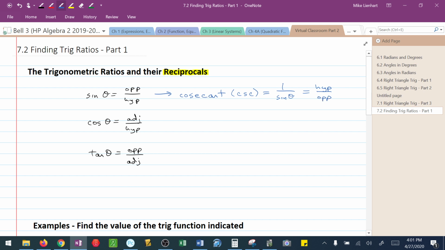Our second function is the cosine function. Its reciprocal function is known as the secant function, abbreviated SEC. The secant is the reciprocal of the cosine function, so that gives hypotenuse over adjacent as its ratio.